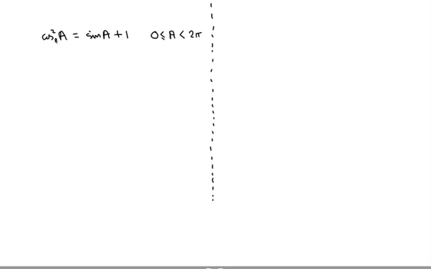So first thing to notice is that we have a cos squared a, we have a sine here, cosines and sines mixed up. Cos squared a should ring a bell that there is a basic trig formula which says sine squared a plus cos squared a is equal to 1.